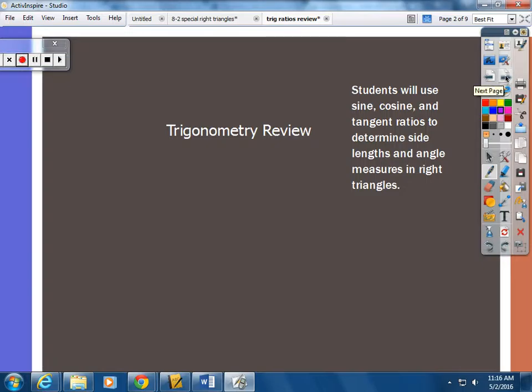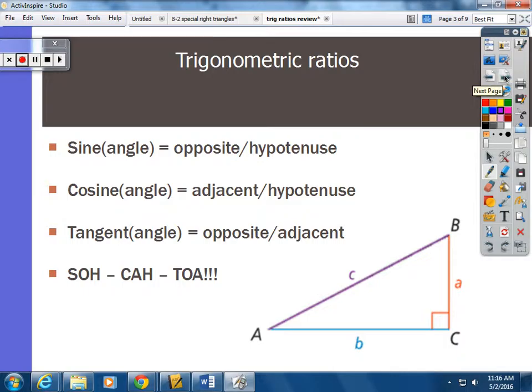We're not going to do everything on the notes that I gave you. We're going to do just a quick review of what the trig ratios are. So sine, we pronounce it sine. We abbreviate it like this. It's not sin, it's sine. We say sine. And we use opposite over hypotenuse.